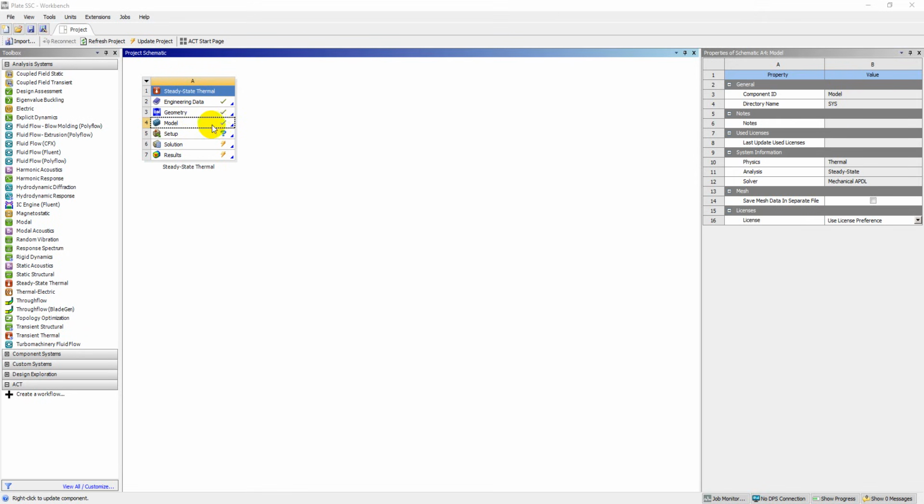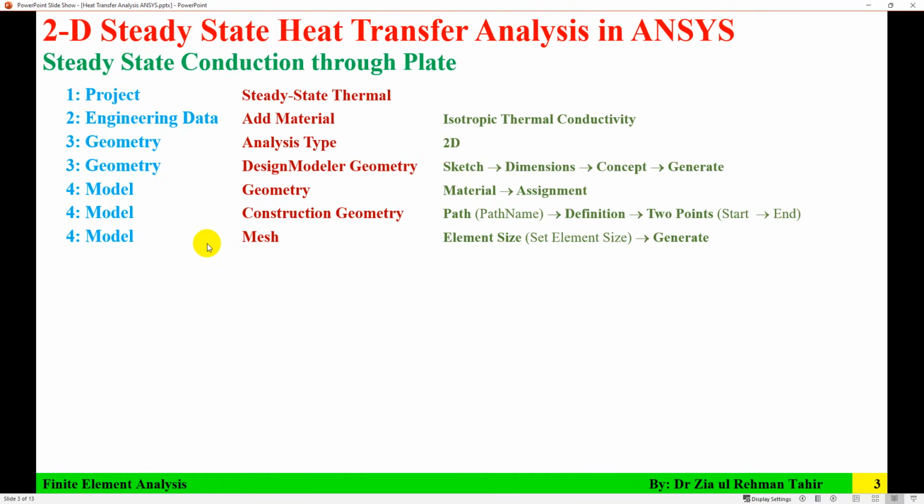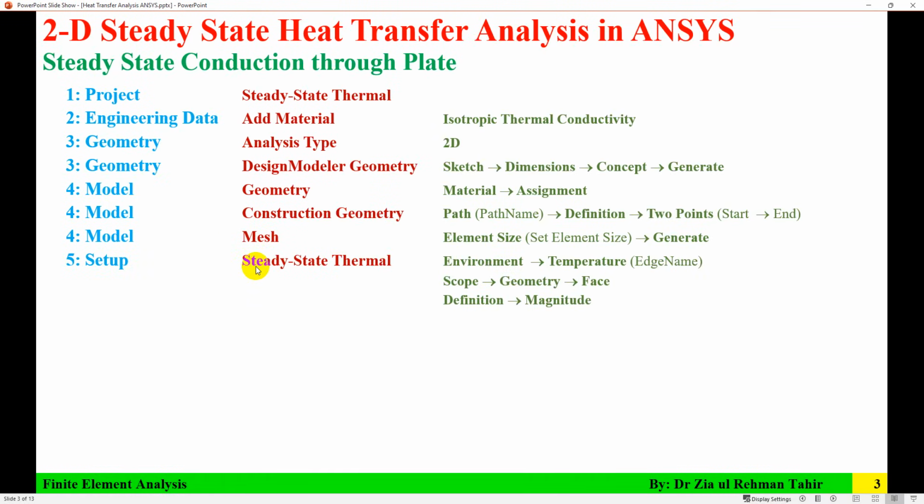Now there is a tick on the model, and the next one is setup. The next step is setup, and there under the steady state thermal tab, you need to apply boundary condition. In the environment tab, temperature, and then scope, geometry, face, and then the definition and its magnitude.